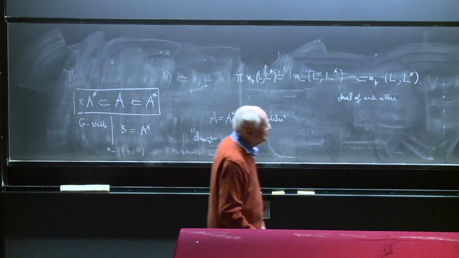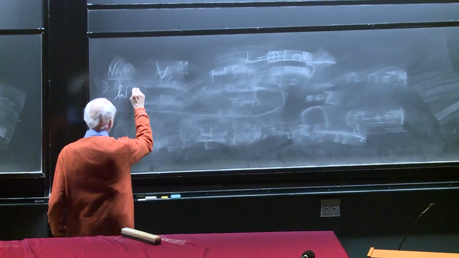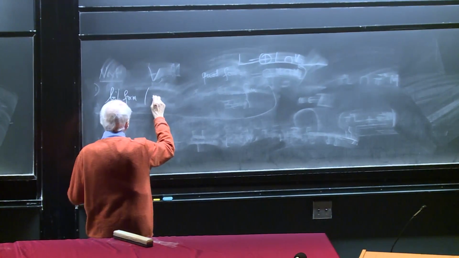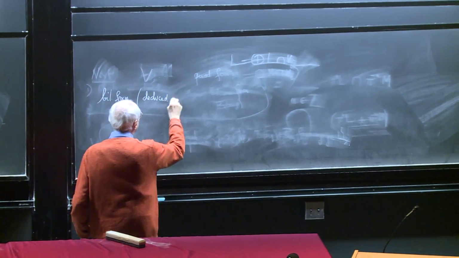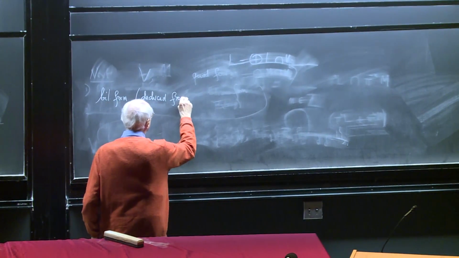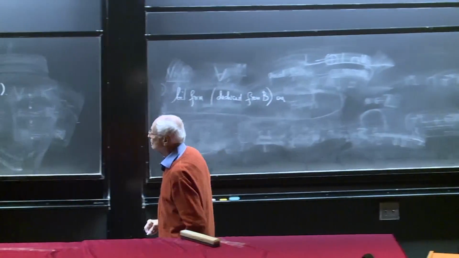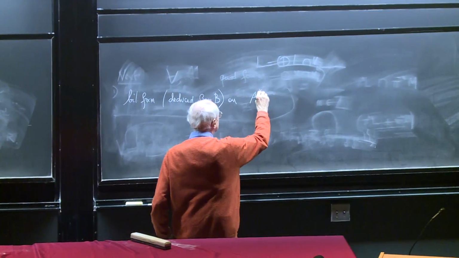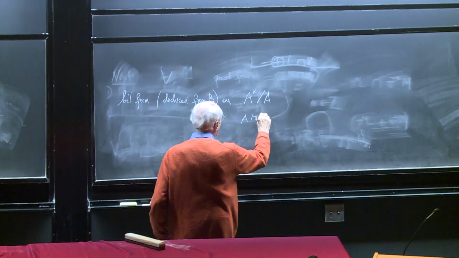Okay, let me try to do it. Bilinear forms depending on B, of course, deduced from B, on A star over A and A over pi A star.